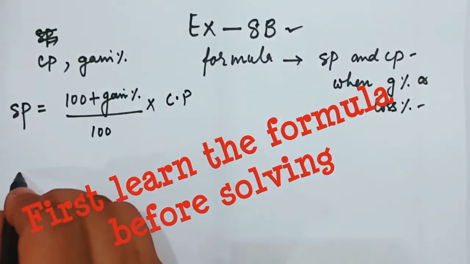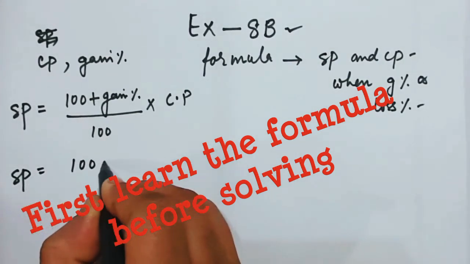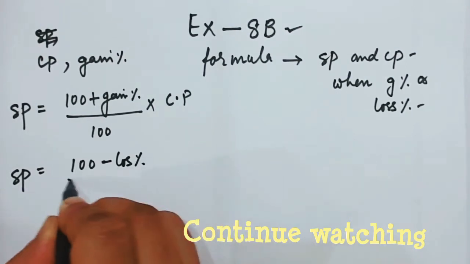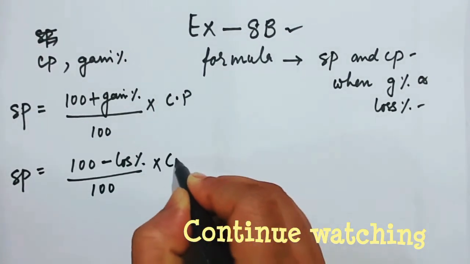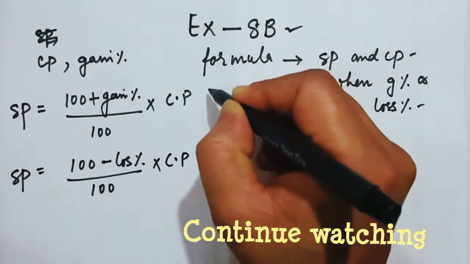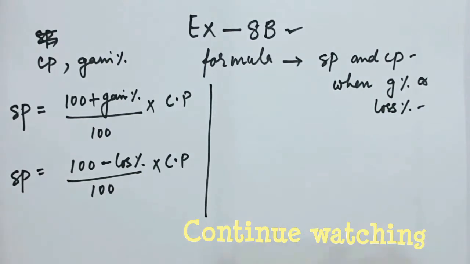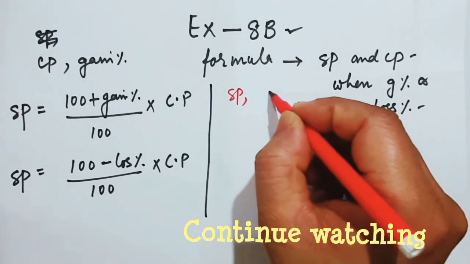Similarly, when loss percent is given, then selling price is equal to (100 minus loss percent) by 100 into cost price.